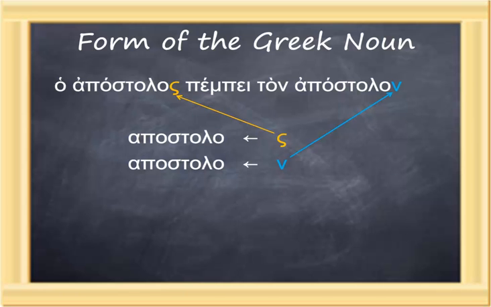The sigma tells me that the first form functions as the subject of the sentence. The nu tells me that the second form functions as the direct object of the sentence. And so I would translate the sentence, "The apostle sends the apostle."